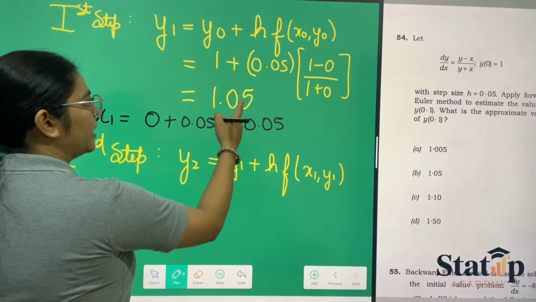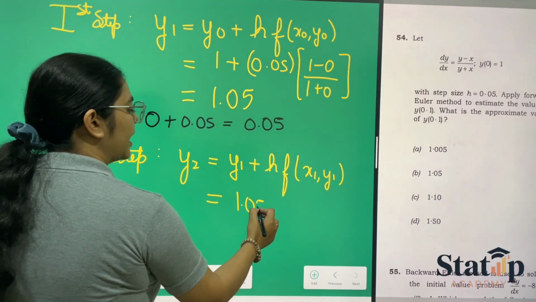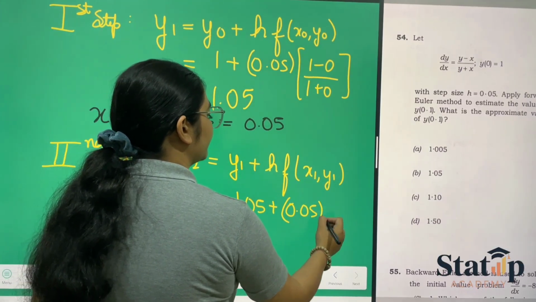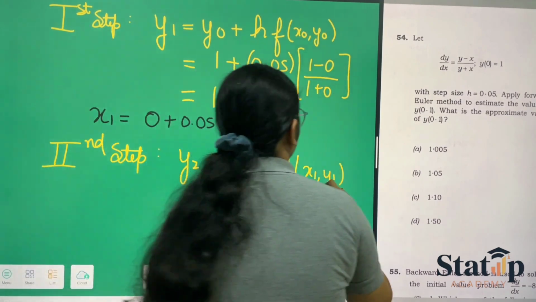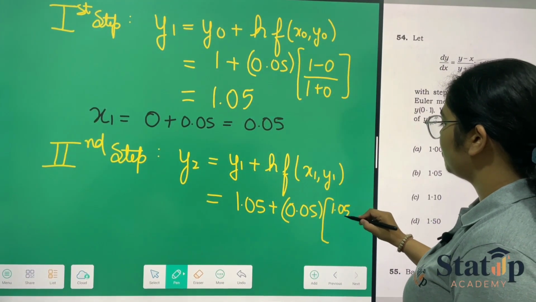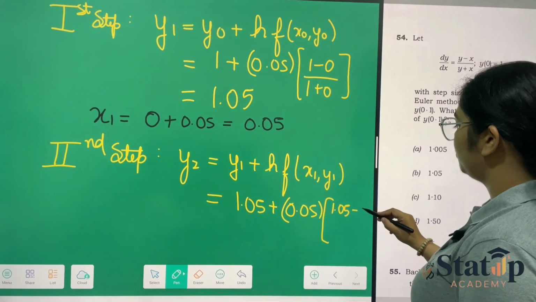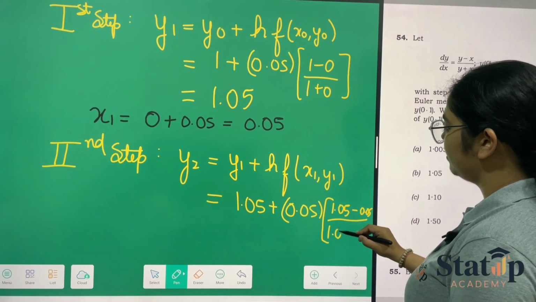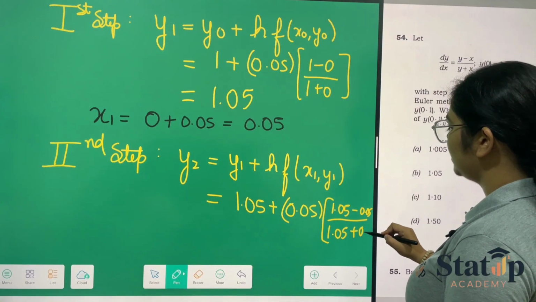Now y1 we have calculated 1.05 plus h, which is 0.05 into y1 1.05 minus x1 0.05 upon y1 plus x1.